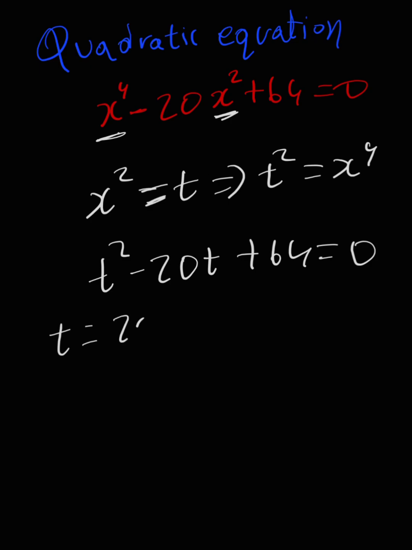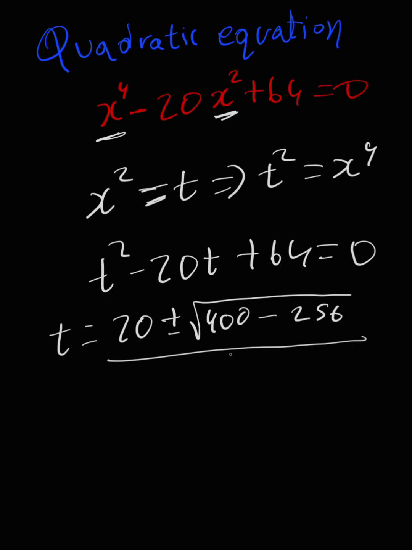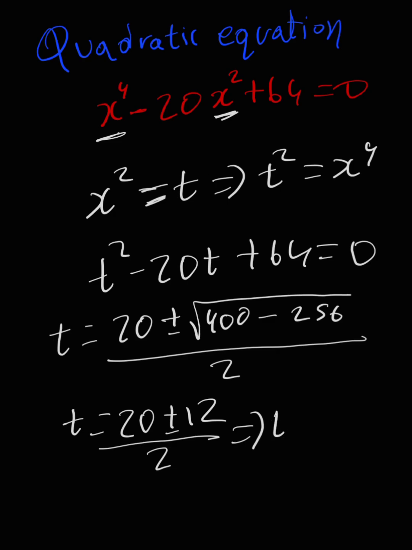So t is equal to 20 plus minus square root of b square, so 400 minus 4ac, so 64 times 4, which is 256, upon 2. t is equal to 20 plus minus square root of 144, upon 2, and the square root of 144 is 12. From here we get t's two values. t is equal to either 4 or 16.